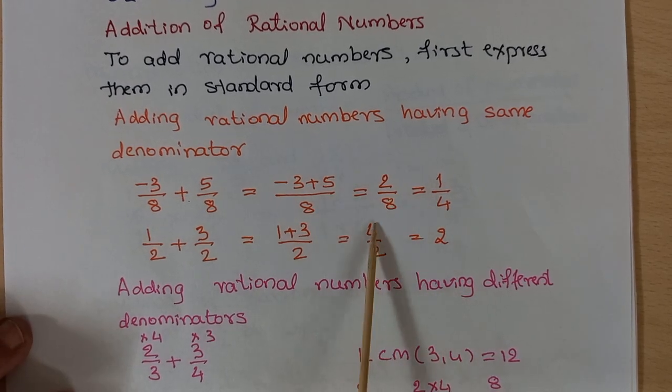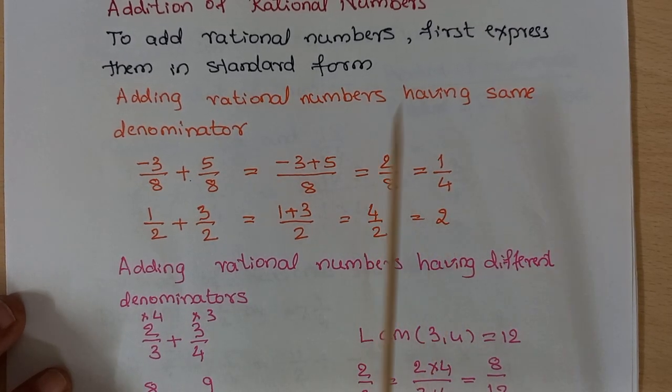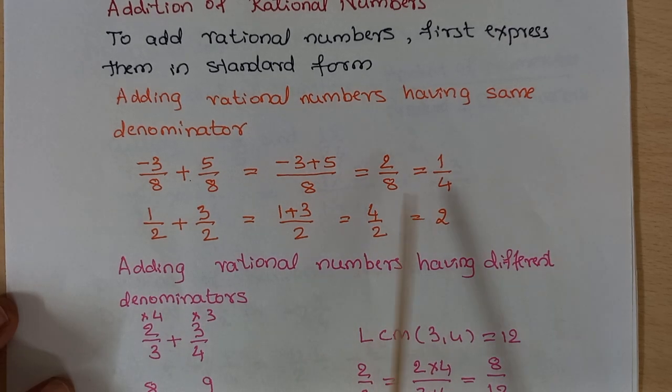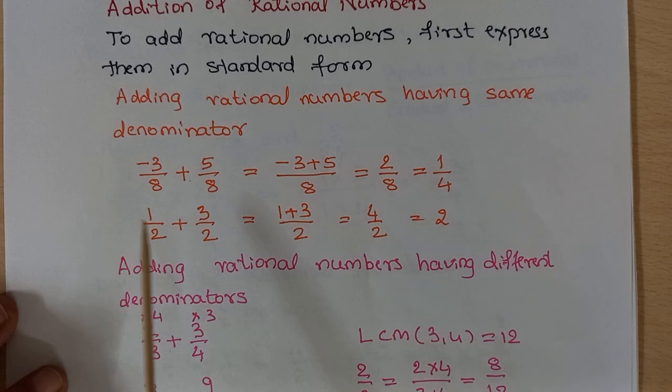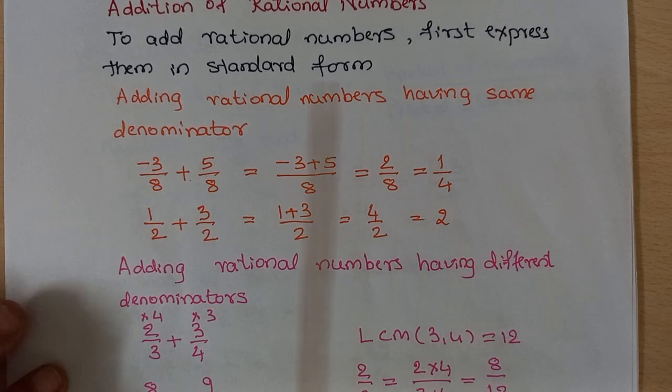It is 2 by 8. And in the simplified form, it is 1 by 4, because 2 ones are 2, 2 fours are 8. 2 is the HCF of 2 and 8. When we divide both the numerator and denominator by their HCF, we get them in the simplest form.